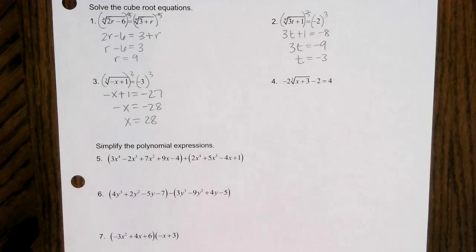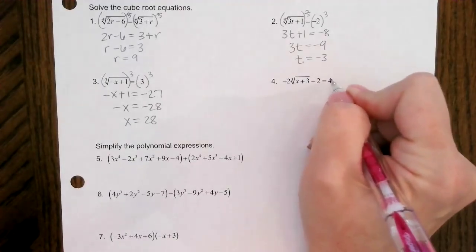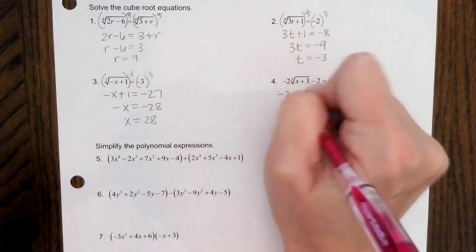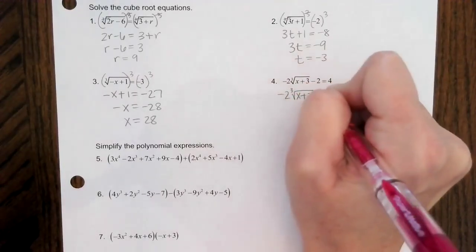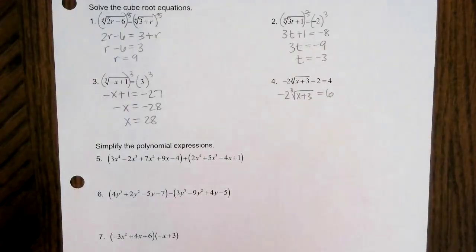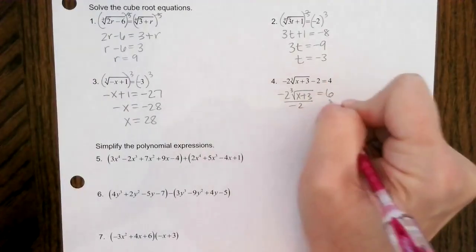All right, our fourth one here, the radical is not isolated, so we need to get that cube root by itself. So I need to take care of everything away from it first, so I would add this 2 to get it to the other side. Then I'm going to divide by negative 2.